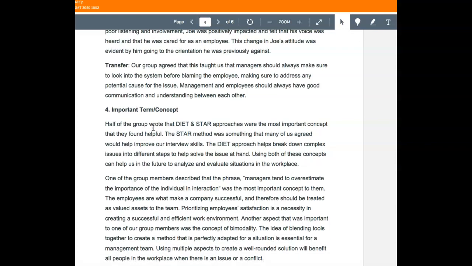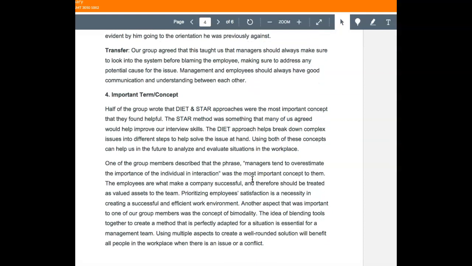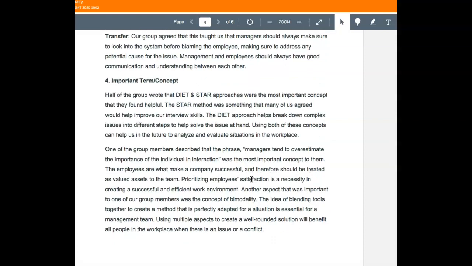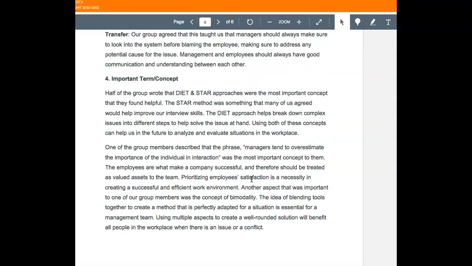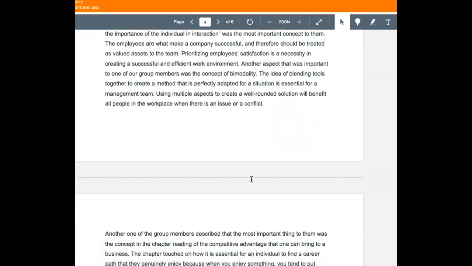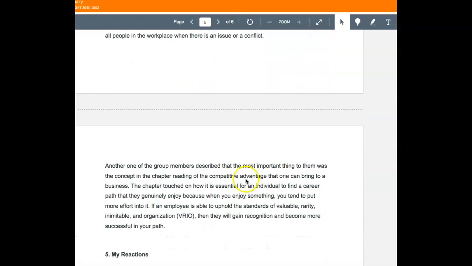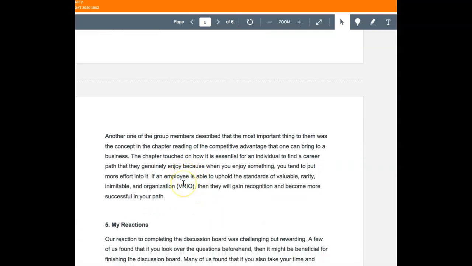Important term or concept, half their group wrote that DIET and STAR approaches were important. Others liked the phrase out of the Oil Hat Joe story. So once again, this is what resonated with them as a team. And you can see there's more down here because someone else had that.